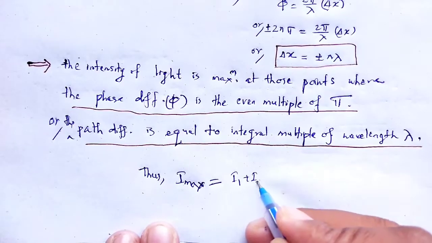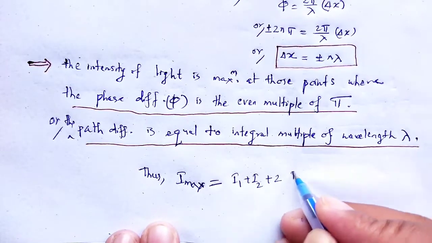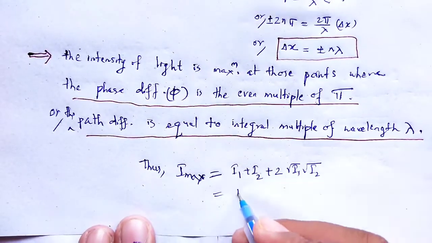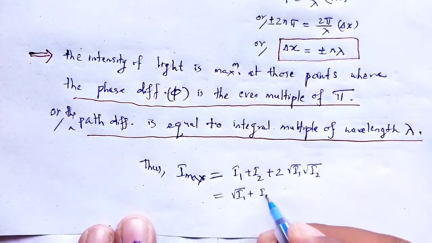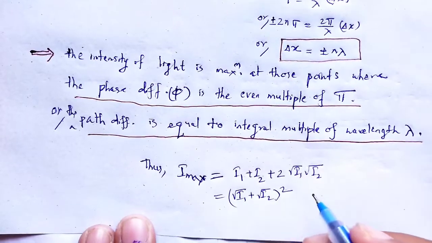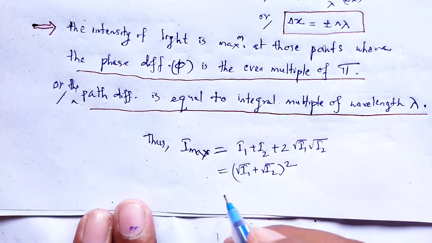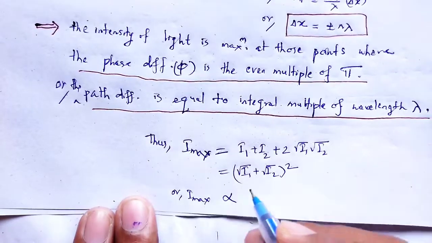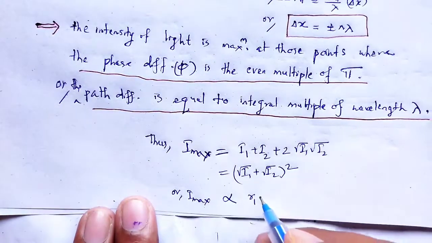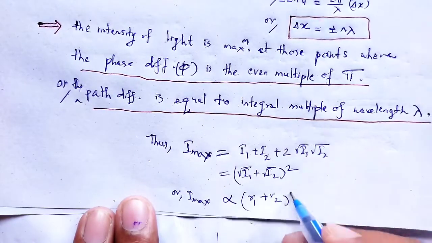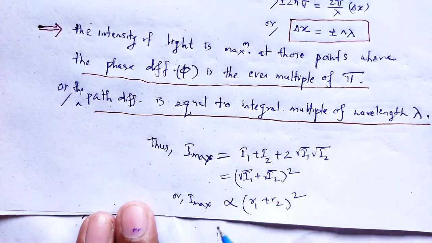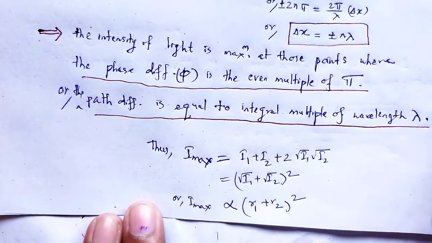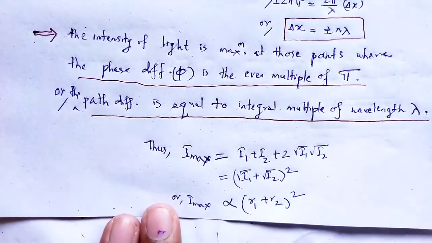Therefore, we have (√I1 + √I2) whole square, meaning I max is directly proportional to (R1 + R2) whole square, the sum of the amplitudes squared. We have the constructive interference.